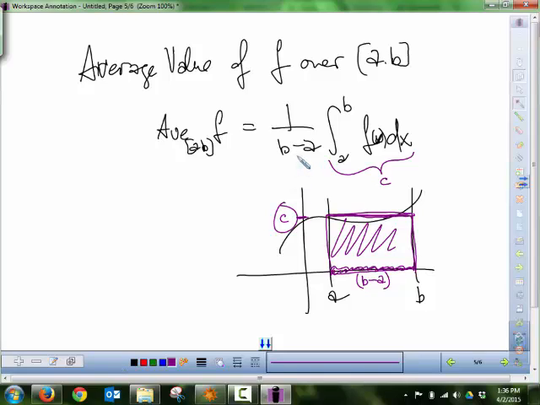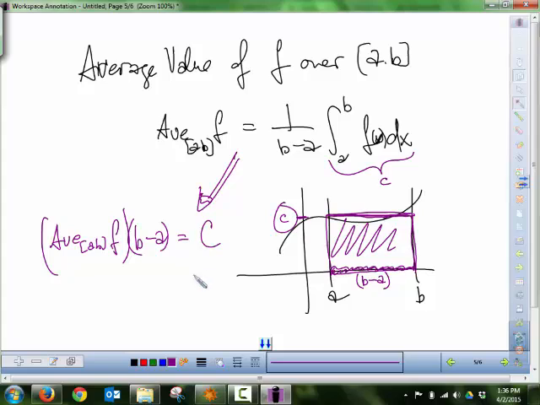So if we take this equation over here, it says the average of F from A to B, and let's multiply this on both sides by B minus A, is equal to the integral.